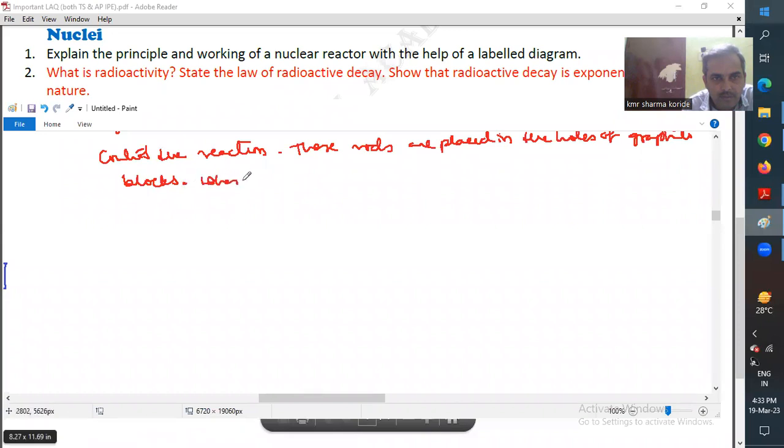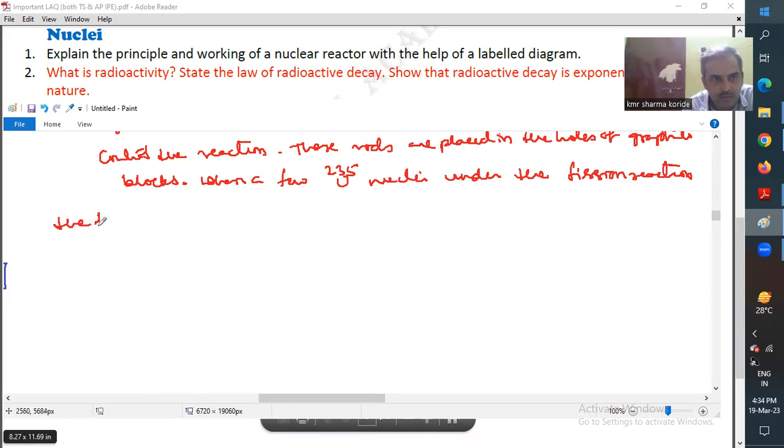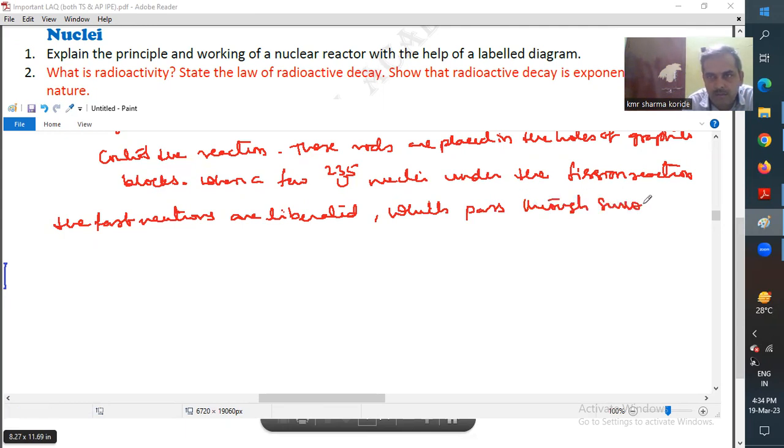When a few uranium-235 nuclei undergo the fission reaction, the fast neutrons are liberated, which pass through the surrounding graphite moderators and become thermal neutrons.